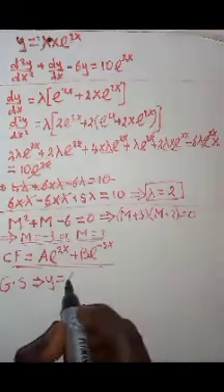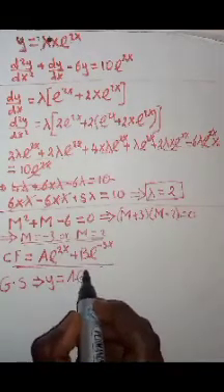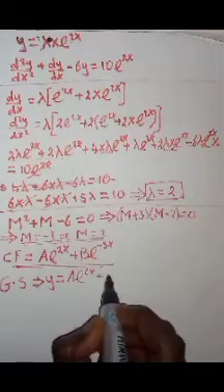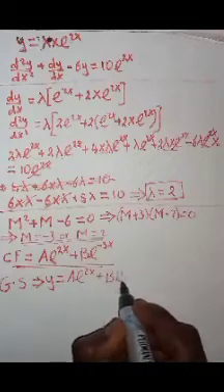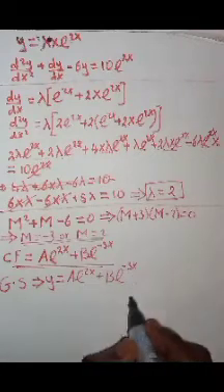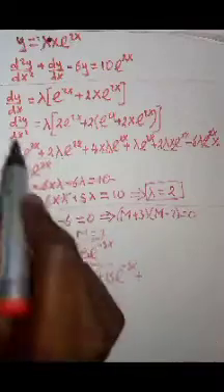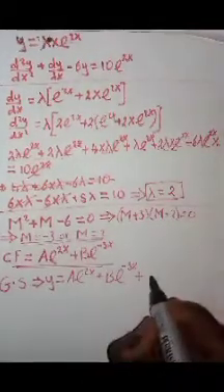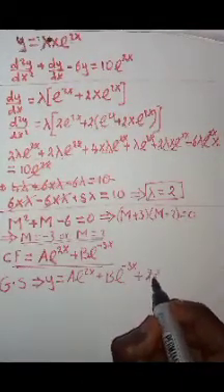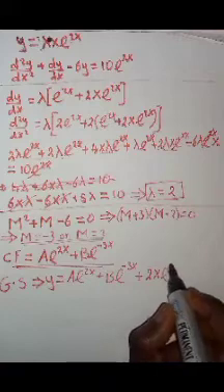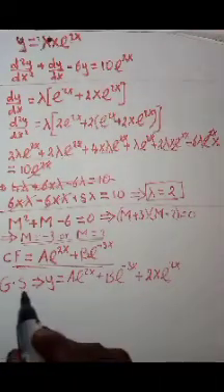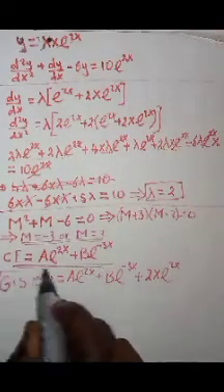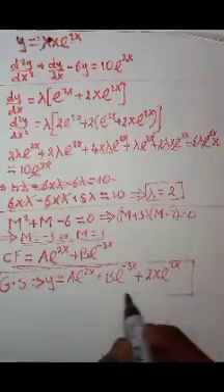So it's going to be a, where a is a constant, e raised to the power 2x, plus b times e raised to the power negative 3x, plus the particular integral, which is y equal to lambda x e raised to the power 2x. But the value of lambda was known to be 2, so this is going to be 2x e raised to the power 2x. Good. So this is the general solution which the question wanted us to find.